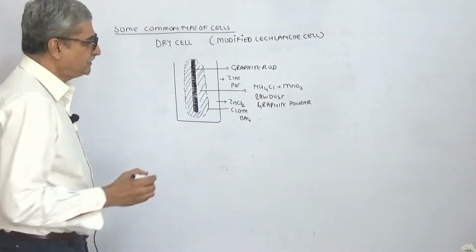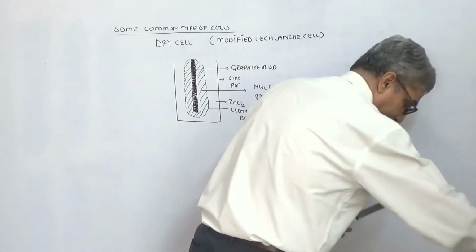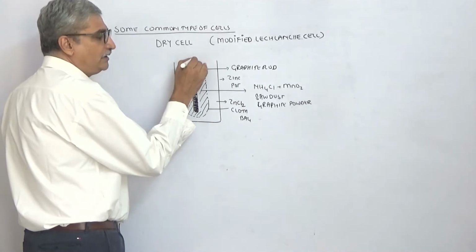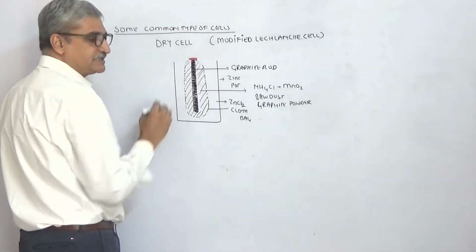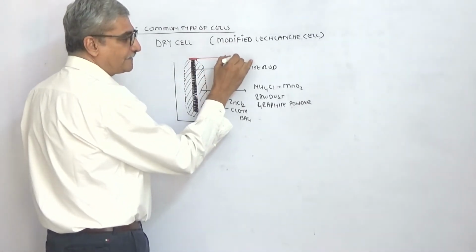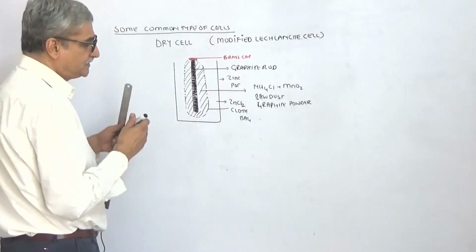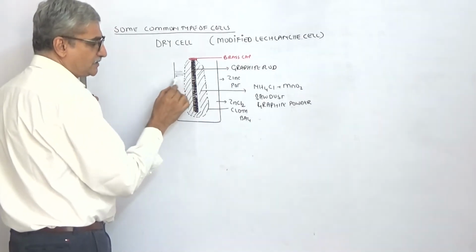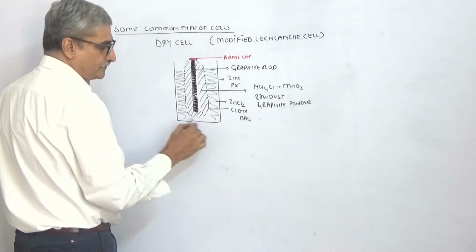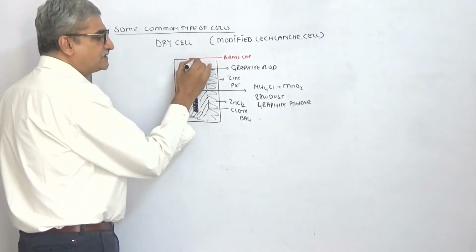On the tip of the graphite rod, we place a brass cap or a copper cap. Mainly it's a brass cap. This whole thing is then closed with the help of cardboard and sealed with pitch.